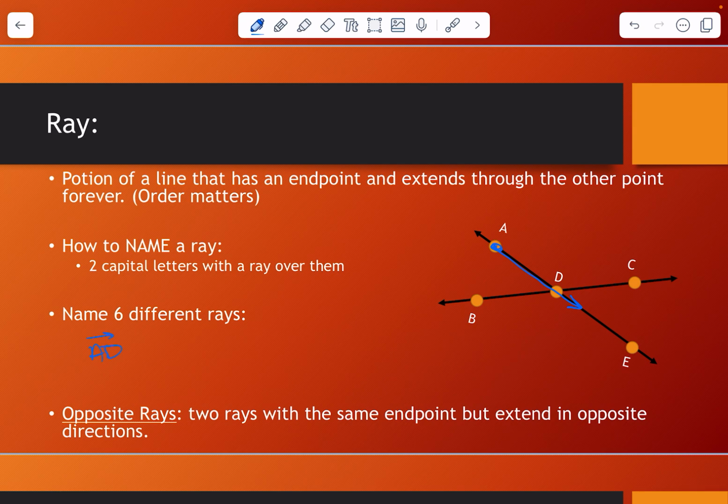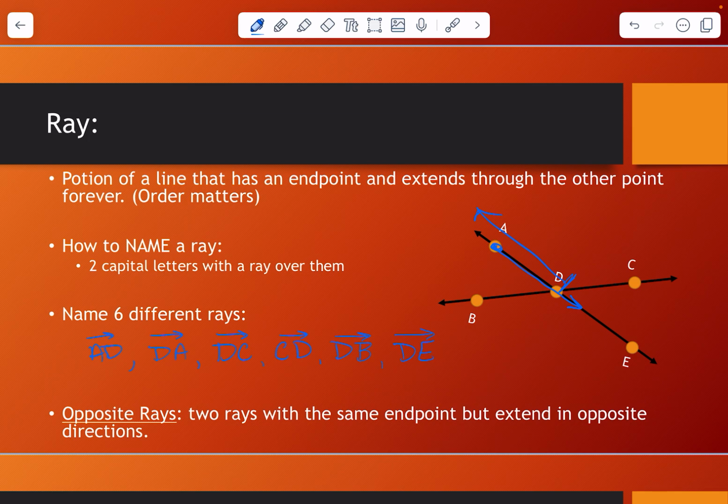But a different one would be DA, because that means I'm starting here and going through A. That is a different ray. And I want six of them, so I would do something like DC, CD, DB, and DE.